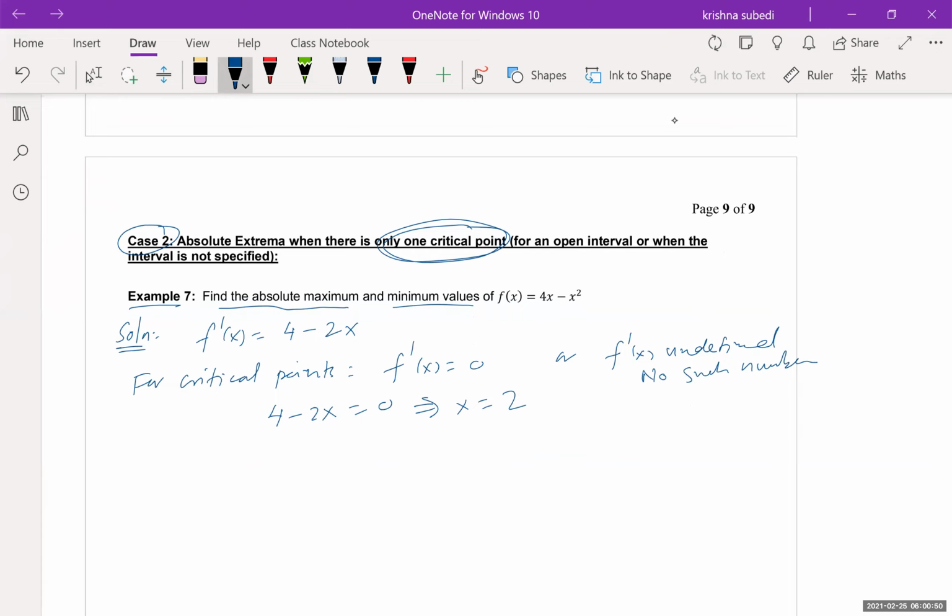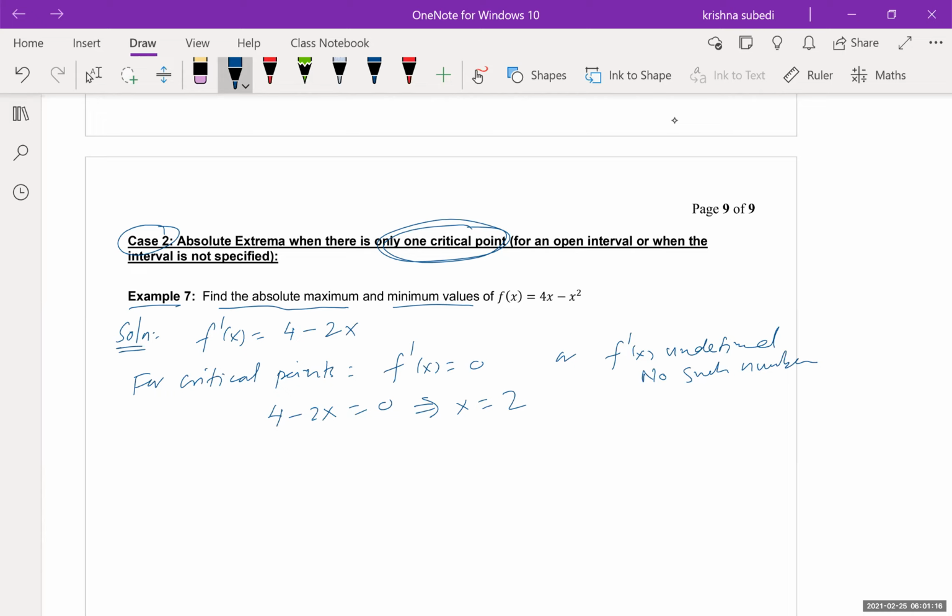If you have only one critical number, you can use either the second derivative test or the first derivative test, both of which we learned in our last class. We noticed from our last class that the second derivative test is easier and less time consuming compared to the first derivative test.